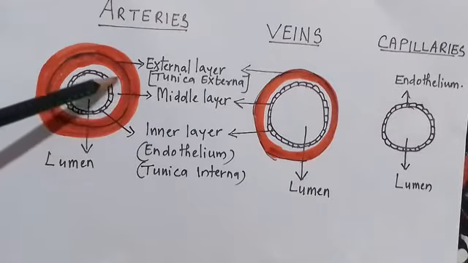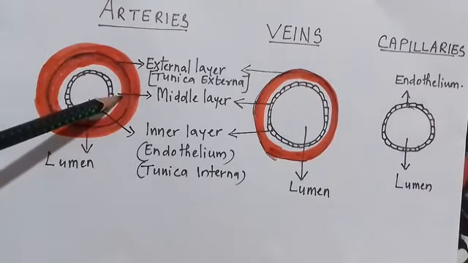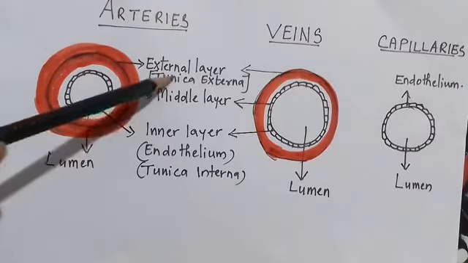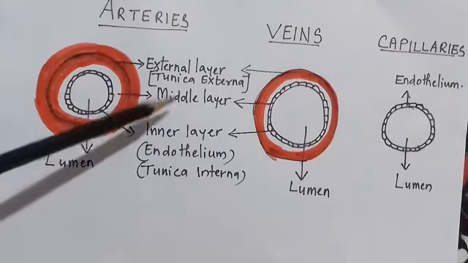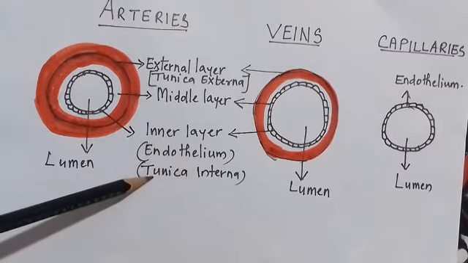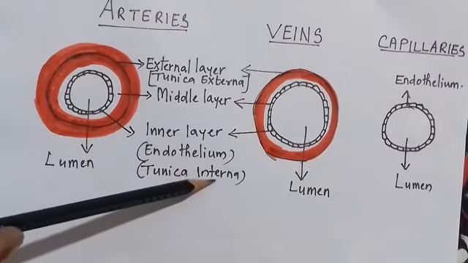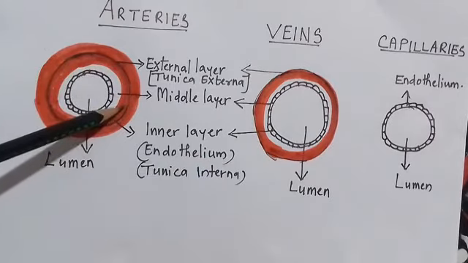Arterial walls are made up of three layers, namely an external layer, known as tunica externa, then a middle layer, and an inner layer made up of endothelium, which is also known as tunica interna. The arterial muscular walls are very thick and elastic.